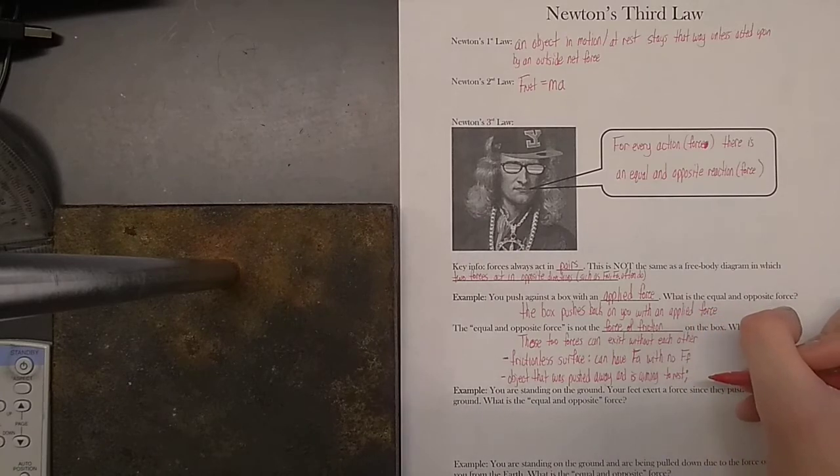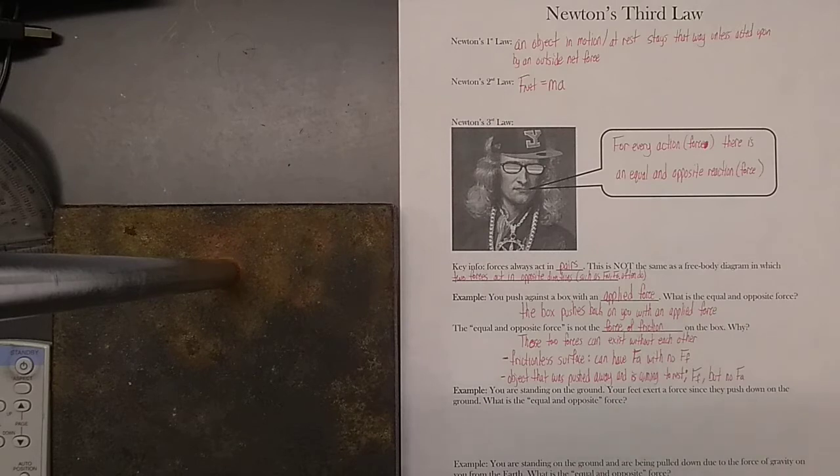An object that you pushed away and that is now coming to rest might have the force of friction on it, but it would not have any applied force on it. It would have the force of friction, not the applied force. Okay? So again, when we're talking about Newton's third law of force pairs, it's forces that are exerted between two objects that are interacting. So I gave the example of you push against a box, the box also pushes back on you.